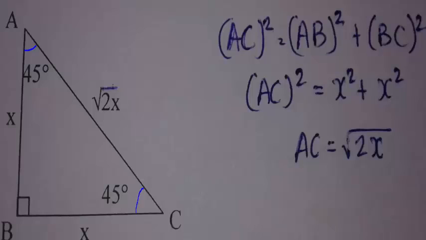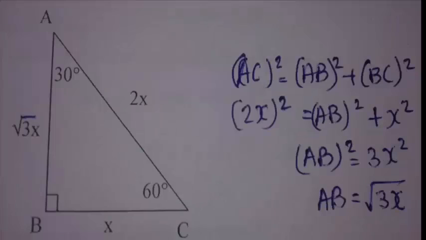Thus, sides opposite to angle respectively are BC and AB. That is, BC is equal to AB is equal to x. As per Pythagoras theorem, AC square is equal to AB square plus BC square. Therefore, AC square is equal to x square plus x square. Therefore, AC is equal to root 2 times x.